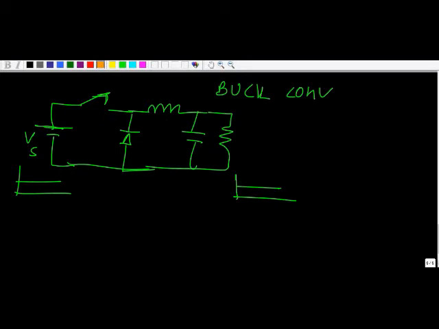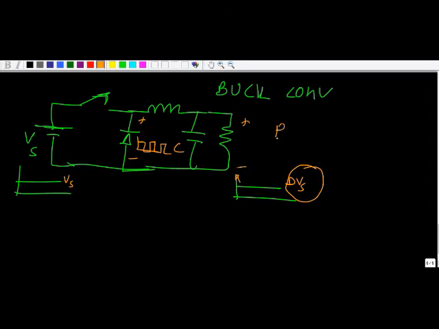What is this DC input? That is Vs. And what is this DC output? That is DVs. We don't have any chopping action at the output point, because this capacitor will bypass all the ripples that appear at this point. Here we have this chopping, so we will have a voltage DVs at this point across this load.